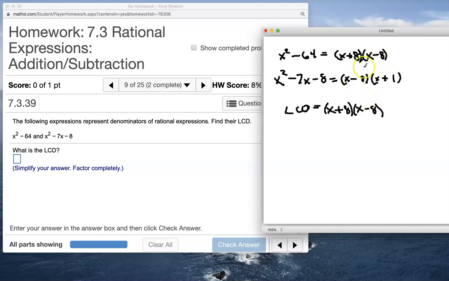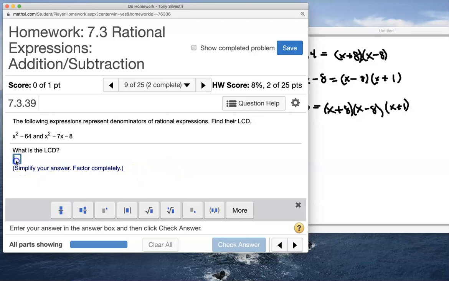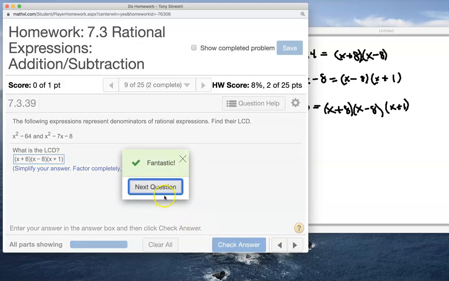I don't care that it occurs twice. x minus 8 happens to be the highest power of x minus 8 that you see. And then x plus 1 is another one. That's all you do. You just scan your factors and list them as one big multiplication. Check your answer. Fantastic.